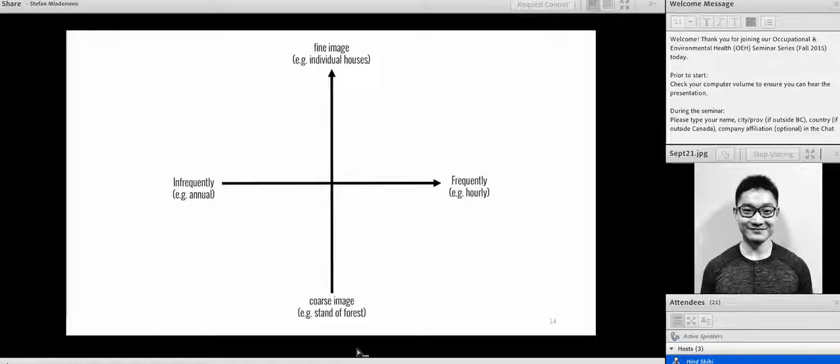Okay. So we're talking about at least the tree level, so very fine. Maybe not as fine as traffic, and not as frequent as parks. So let's put it here. Yeah. Trees.